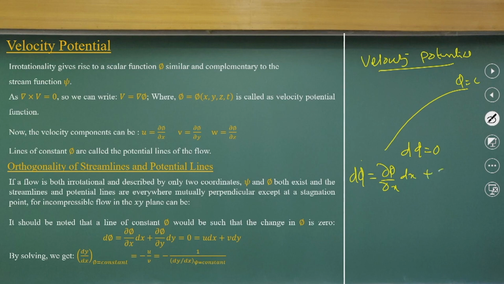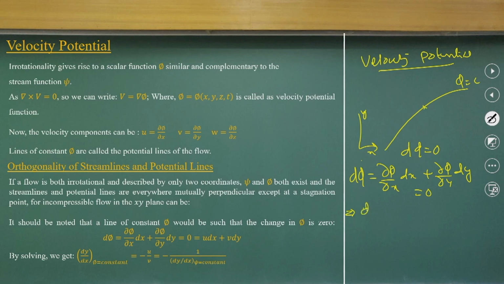from the basic chain rule, for two independent variables dx and dy, that is equal to 0. As you substitute the values, let these be x and y, we are looking at dy by dx, the slope of this line.